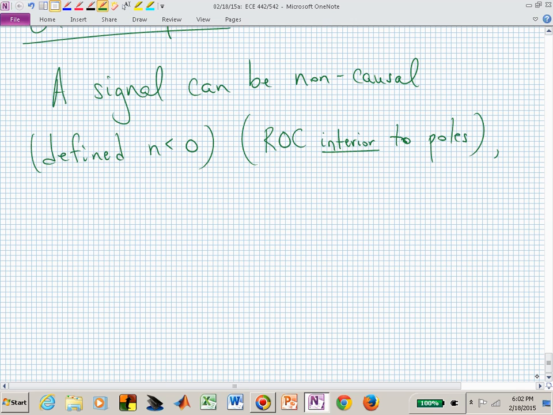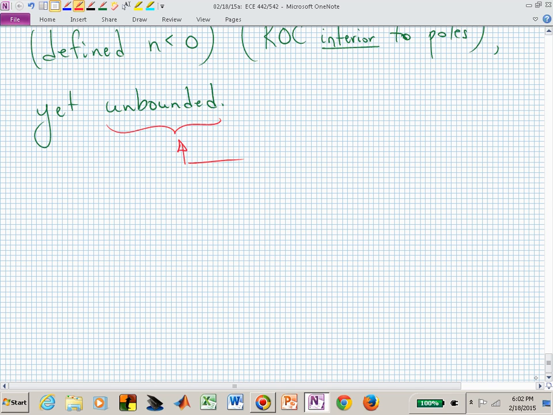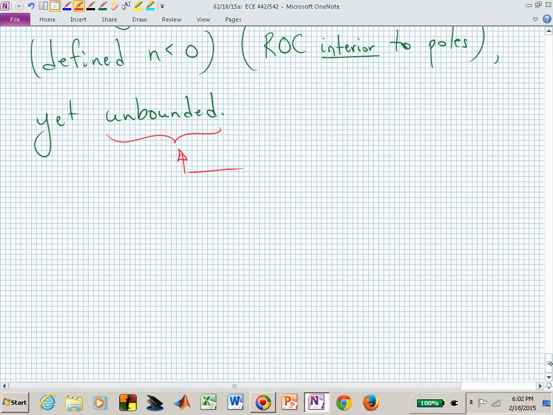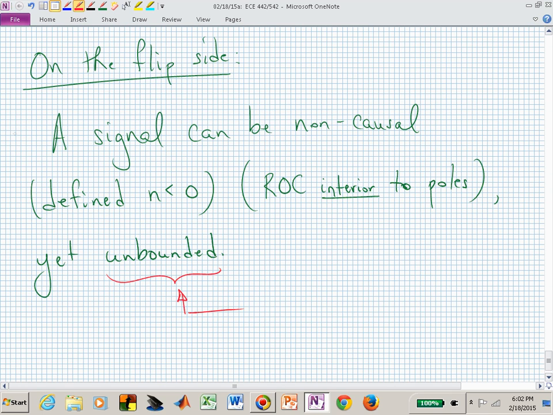We can have a non-causal signal that is unbounded. Do you see the picture mentally that's going to produce such an example?